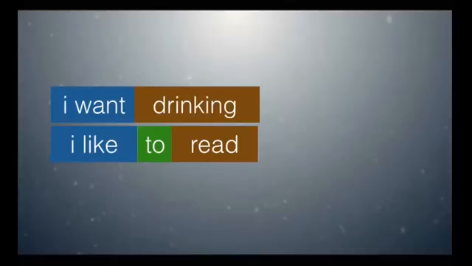And we have another pattern. For example, if I say I want to drink, there's another verbal noun which can be made by adding ing to the word. I want to drink, we can say I want drinking. If I say I like to read, we can say I like reading.